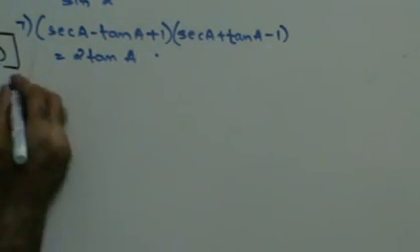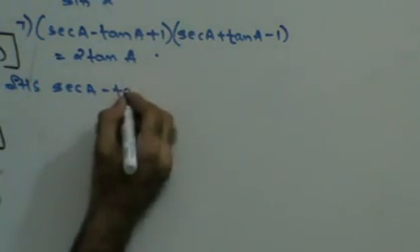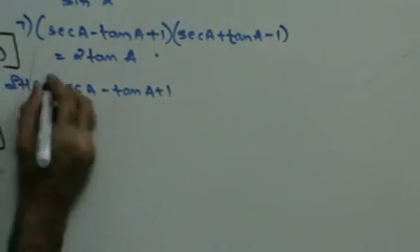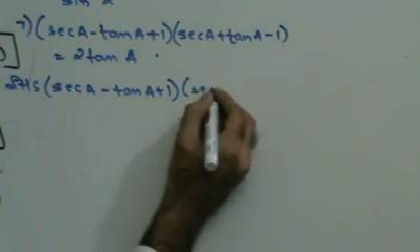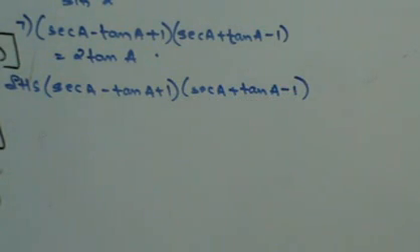Let's see this. LHS: (sec A minus tan A plus 1) into (sec A plus tan A minus 1). That's my LHS.